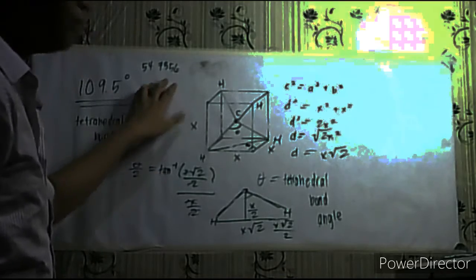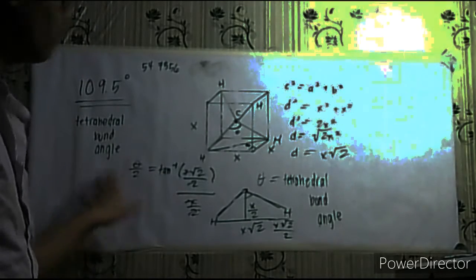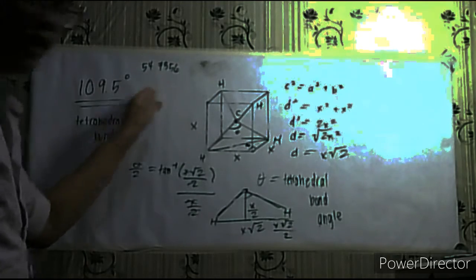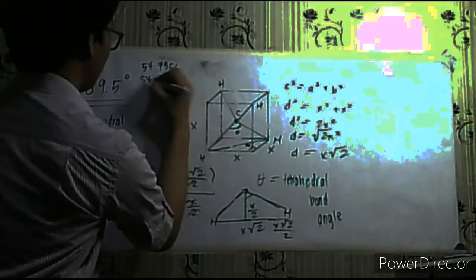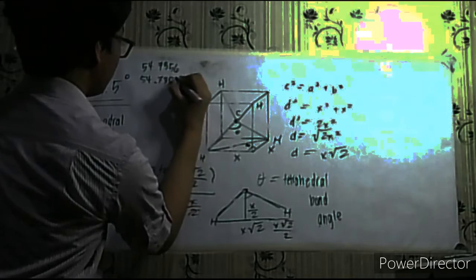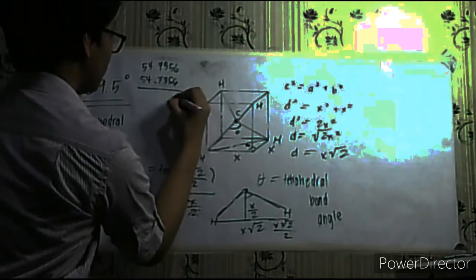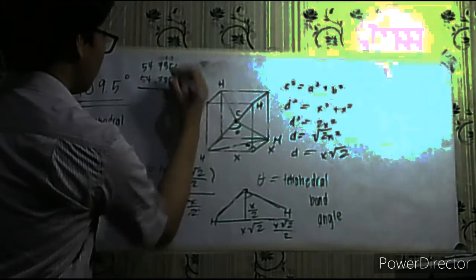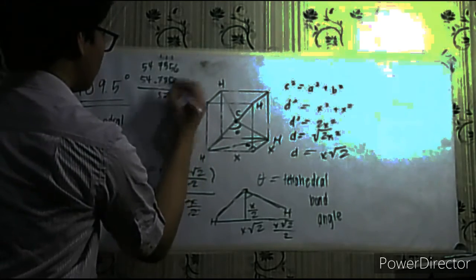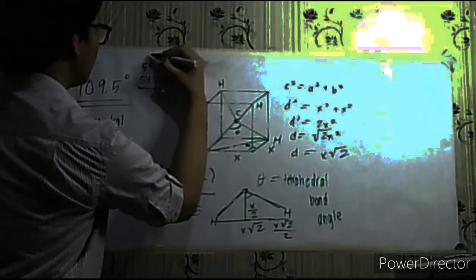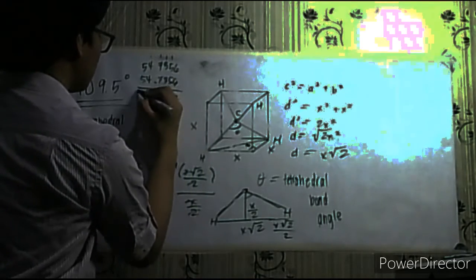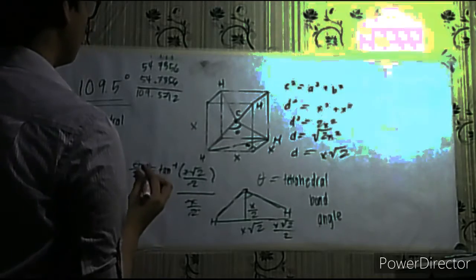Remember that we have computed for theta over 2, which is half the tetrahedral bond angle. Now, let's multiply this by 2. We get what? Wait.